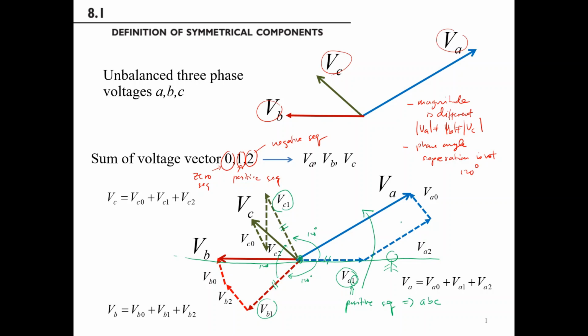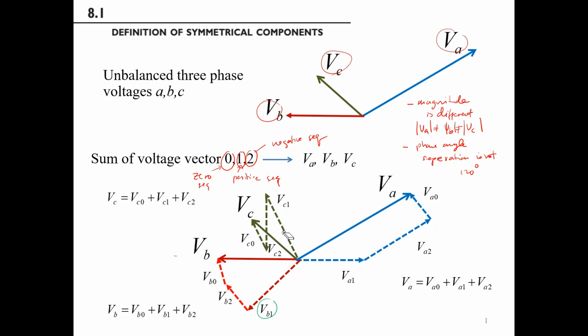That's why this is ABC, denoted by the subscript 1. So let us delete the positive sequence. In this case, you see what we mean by positive sequence.